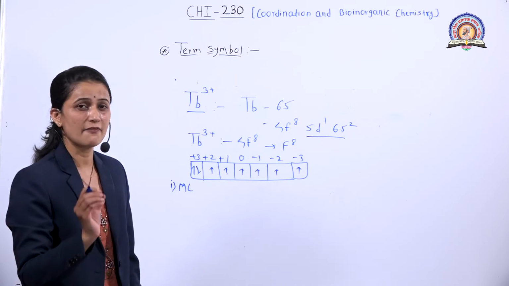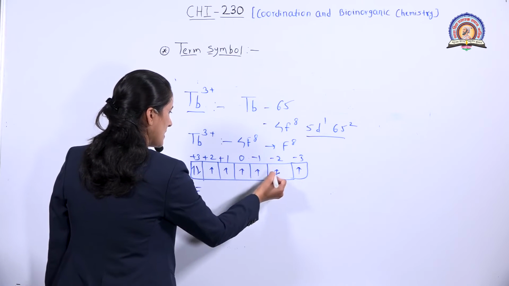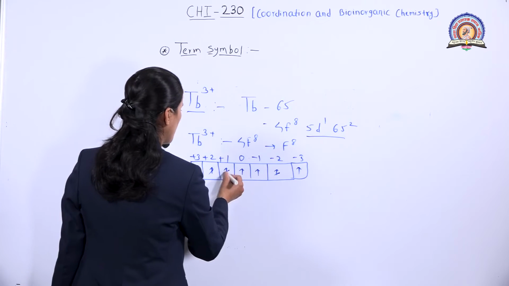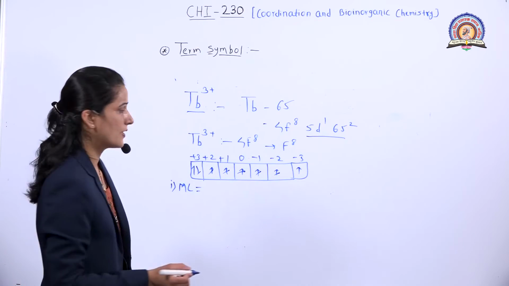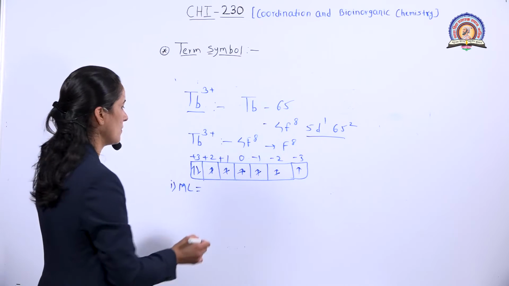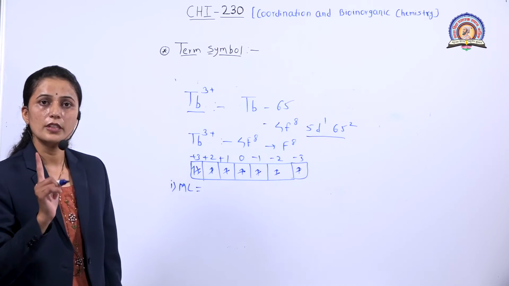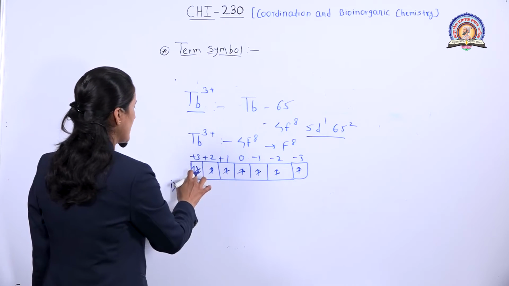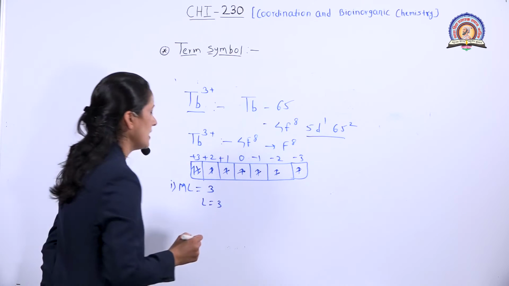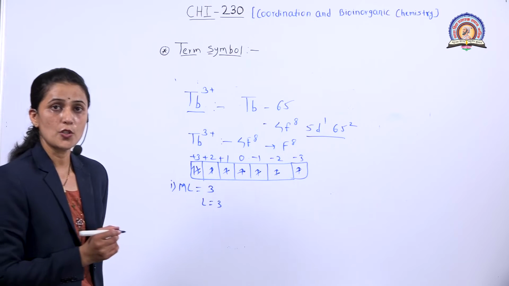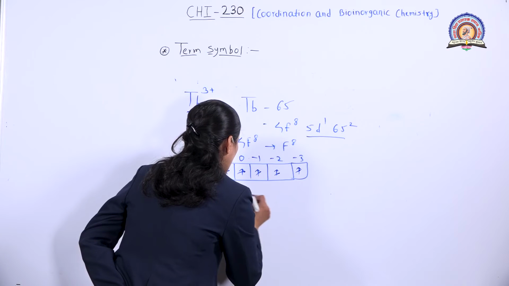I explain here a very simple trick to calculate it. Minus 2 and plus 2 get cancelled, plus 1 and minus 1 get cancelled, 0 has no use because 1 into 0 is 0, and plus 3 and minus 3 get cancelled. Now we have only one electron in this orbital, that is 1 into 3 equals 3. That's why L is equal to 3. As L is 3, the spectroscopic notation is F.